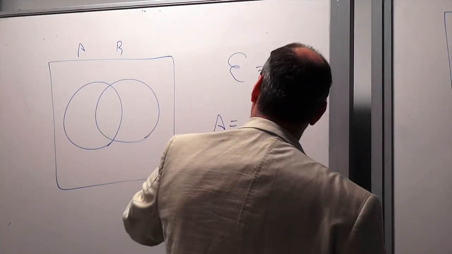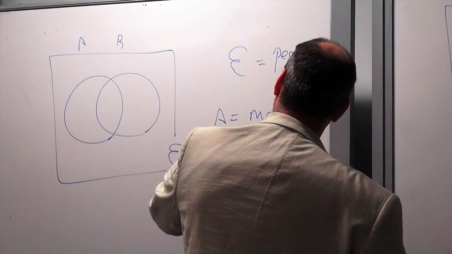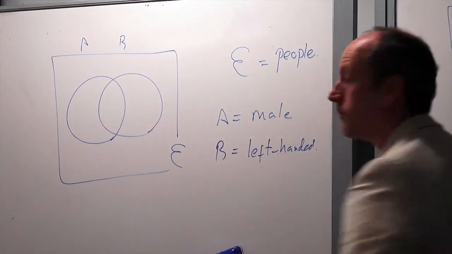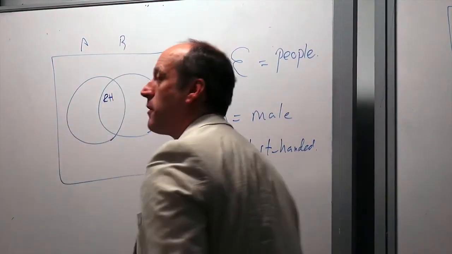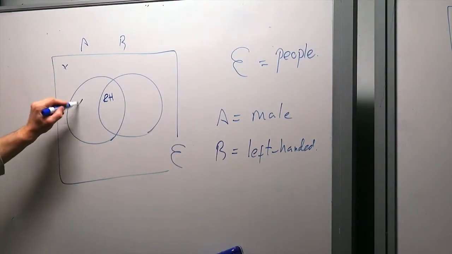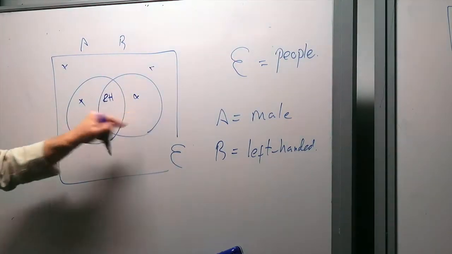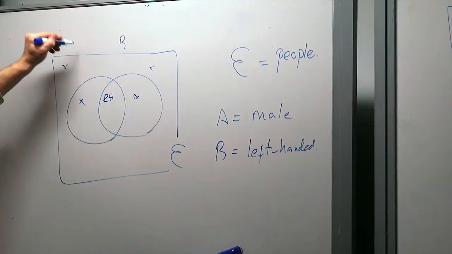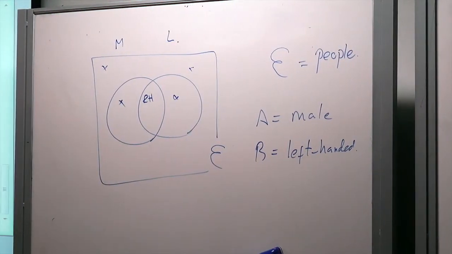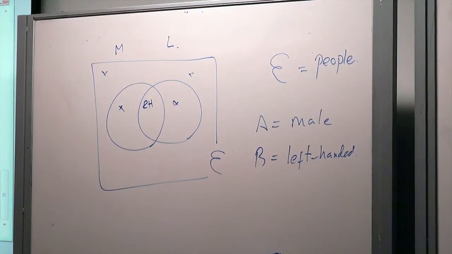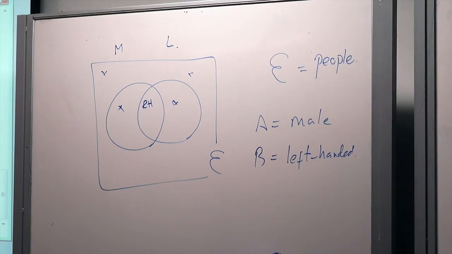B equals left-handed. Okay. So here's me, and there might be other people dotted around here. This is somebody. That's male, and that's left-handed. So we've got this nice two-way classification of gender and handedness.